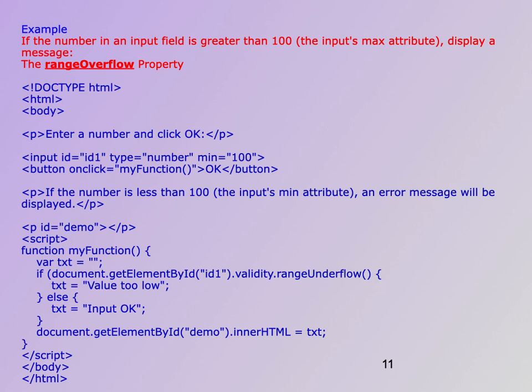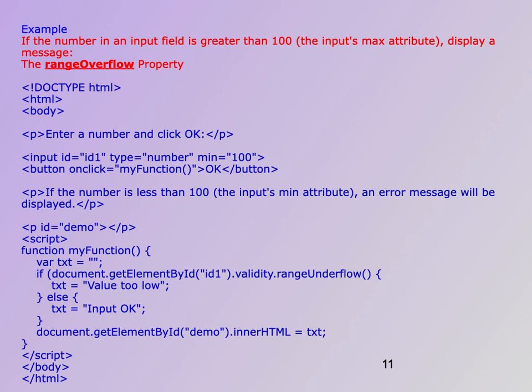So in this particular case, range underflow is evaluated when the min value is greater than the given value. In that case, the txt value is updated to value too low, or else input OK. So txt is updated. So document.getElementById demo dot innerHTML equals txt.